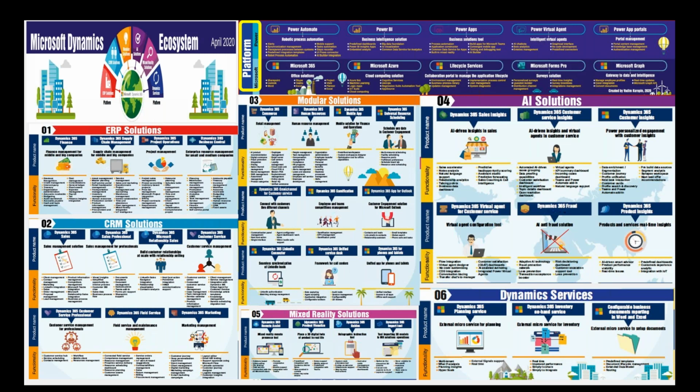Sales Insights is an add-on that uses artificial intelligence and machine learning to draw analytical data based on your customers' information that is entered within the system. Add-ons might be a separate topic of discussion, but today we'll focus on the business applications within the D365 ecosystem.